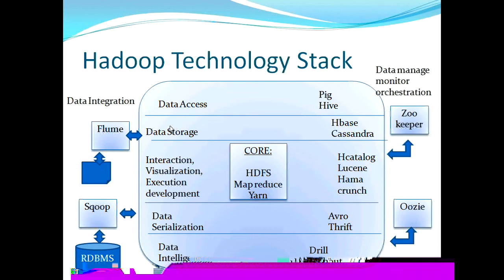Data intelligence tools like Drill and Mahout are designed to work interactively on data or nested data. Mahout is a machine learning library that consists of recommendation, clustering, and classification. These are the three aspects of Mahout. Clustering is a way to group related things, like related texts and documents.